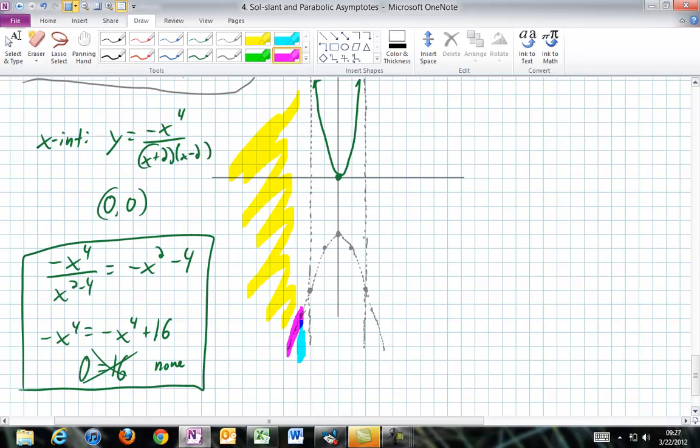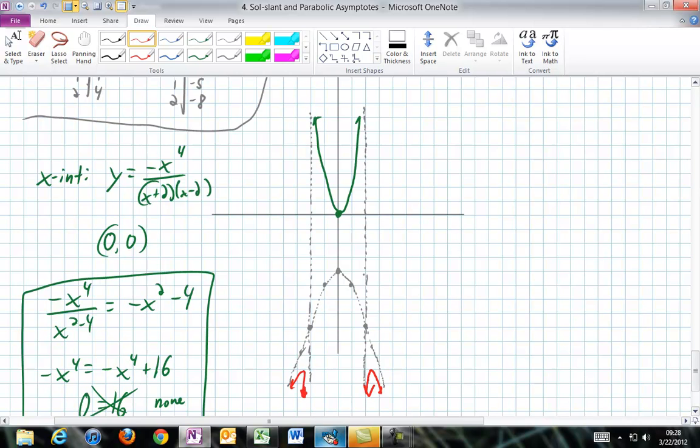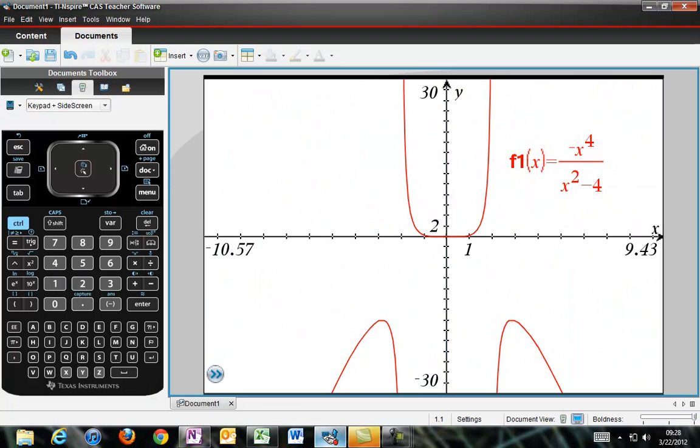Well, I'm going to reason that it has to be down in the blue area, because if it were up in the yellow area, we would see another x-intercept. And we don't see another x-intercept. So how do we sketch it all the way down here in this blue area? Well, we just do a little small shape like that, keeping in mind that it has to approach both asymptotes. And then by symmetry, by the same reasons, we're going to have one over here, because we don't see another x-intercept on the right. And that's it. That is our graph. And if we look at the actual graph, it does match that.